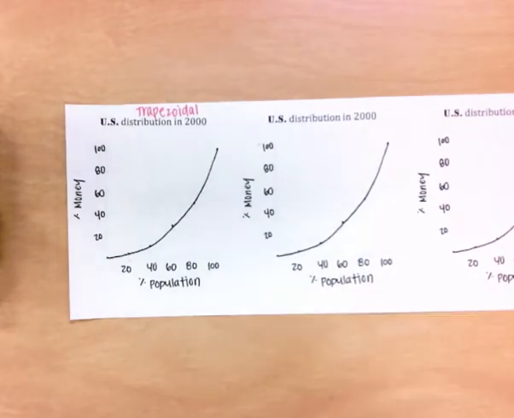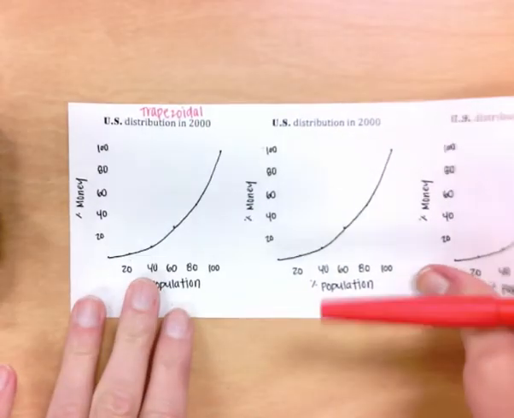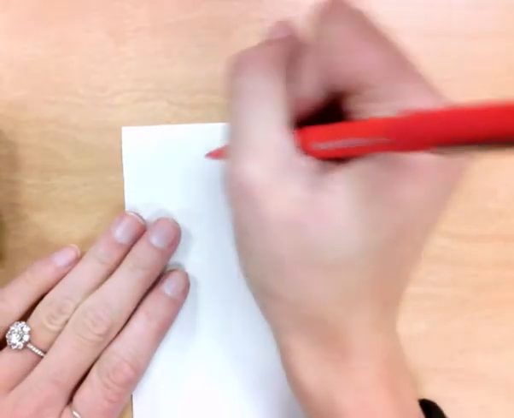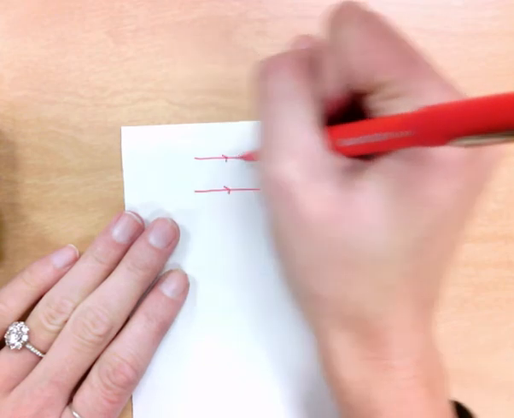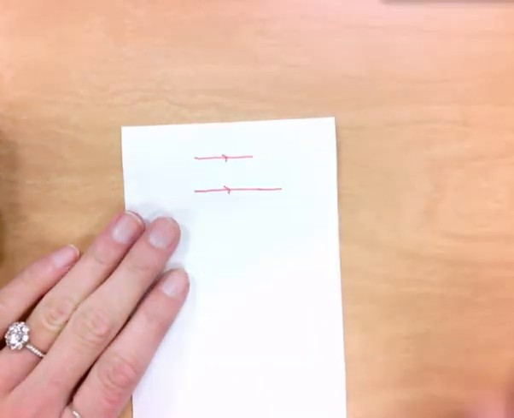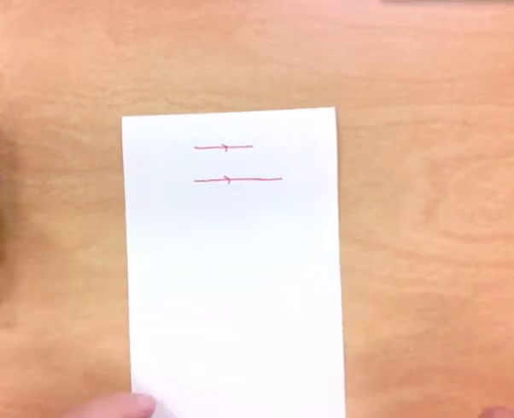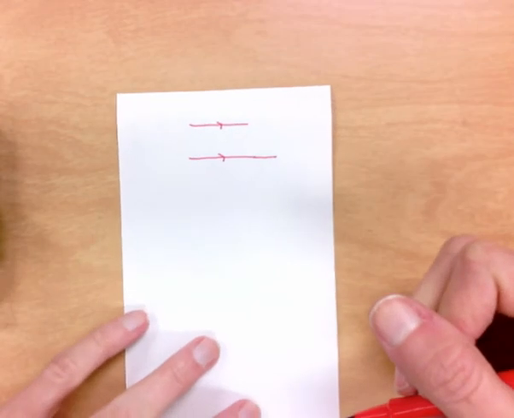A trapezoid, if you remember from geometry, has 4 sides, and 2 of the sides must be parallel. They don't need to be the same length, but they do need to be parallel. The other 2 sides can do anything they want.